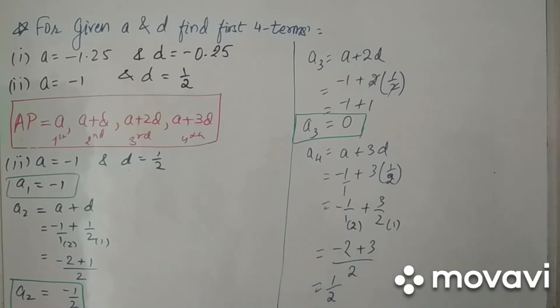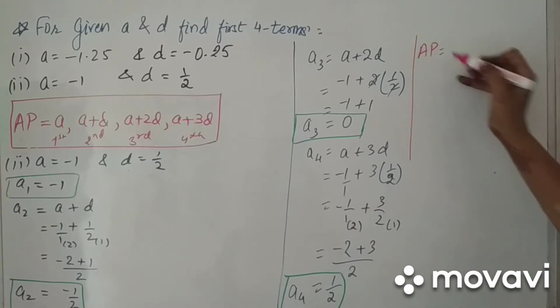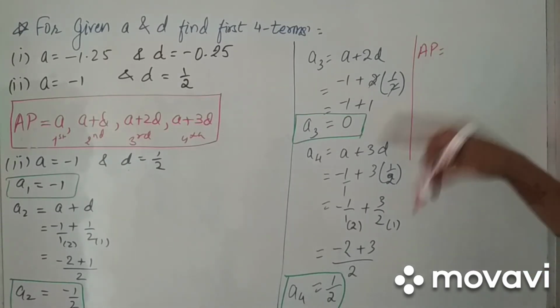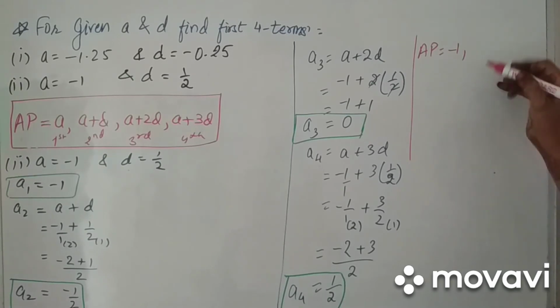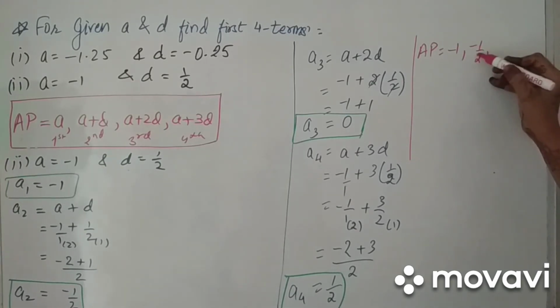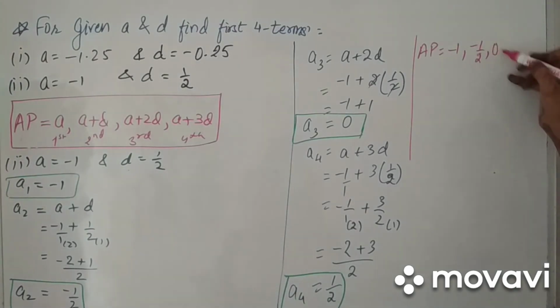So we are getting 1 upon 2. So A4 is our 1 upon 2. So our AP would be equal to minus 1, minus 1 upon 2, 0, 1 upon 2 and so on if it is asked.